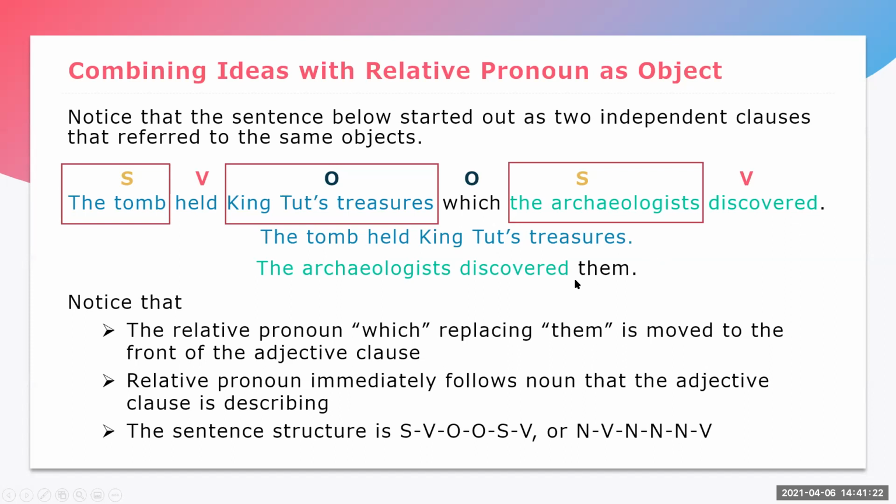So remember, we kept them, but we changed it to which, and we moved it up front. So in the adjective clause, there's nothing after discovered because its object is right here in front.